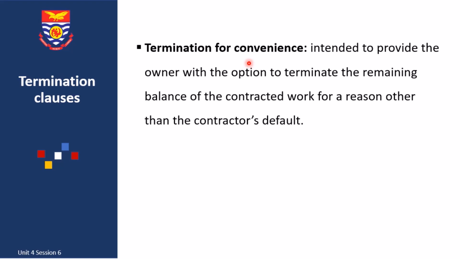However, if the contract does not contain a termination for convenience clause, but the owner proceeds to terminate the contract, the contractor would be entitled to the value of the work that they have provided, in addition to a profit that they would have earned on the balance of the contract.